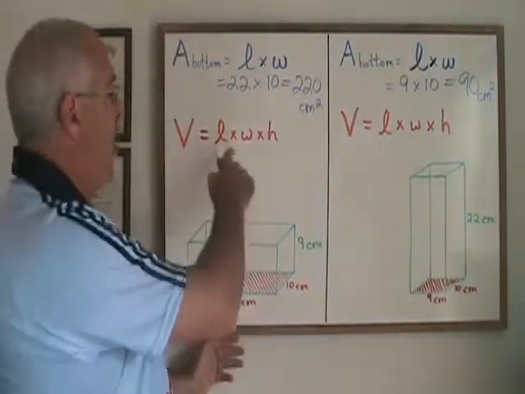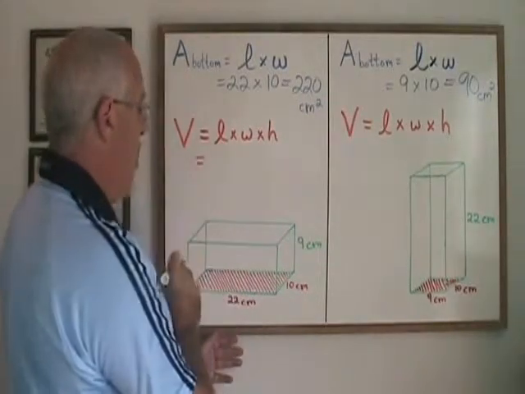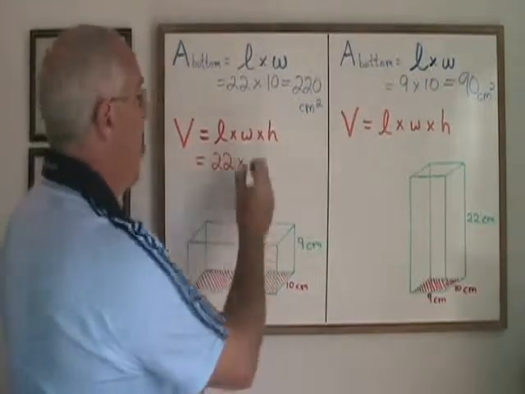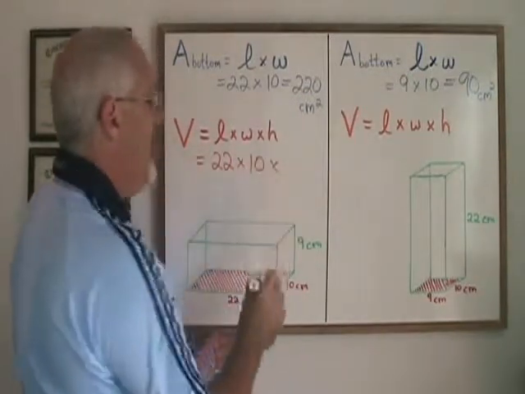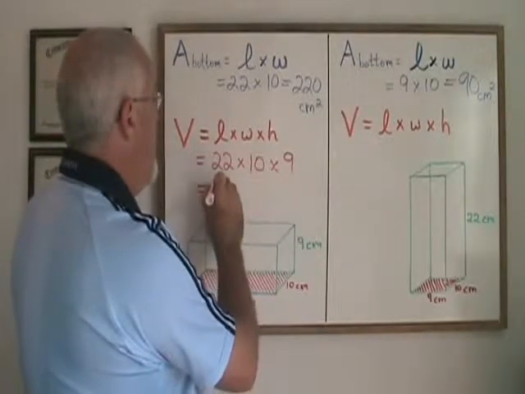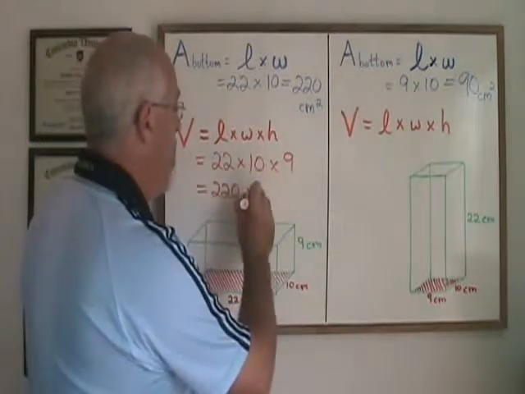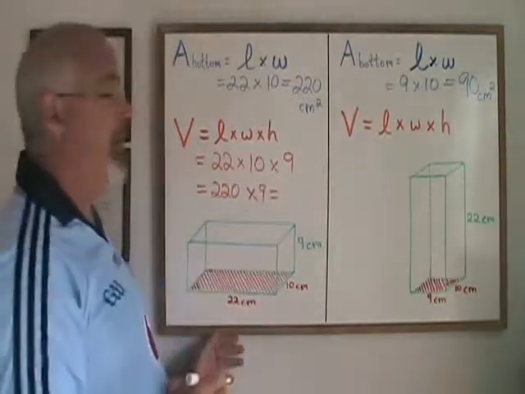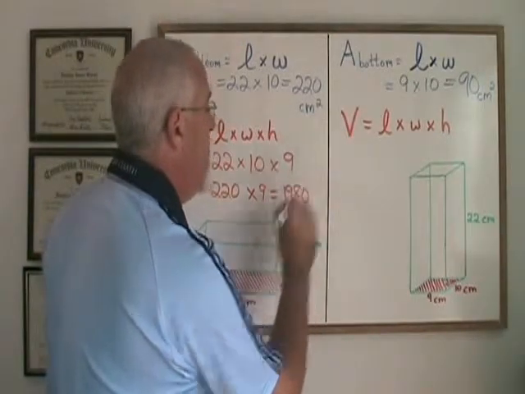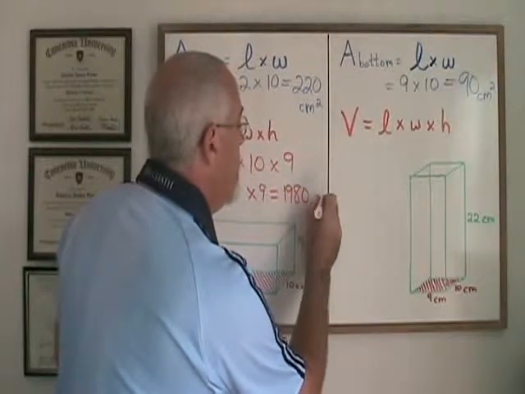If we fill in this formula with this rectangular prism, my L is replaced with 22, my W is replaced by 10, and my H is replaced by 9. 22 times 10 is 220, and 220 times 9 is 1,980. It was centimeters, and this is volume, so the unit will be centimeters cubed.